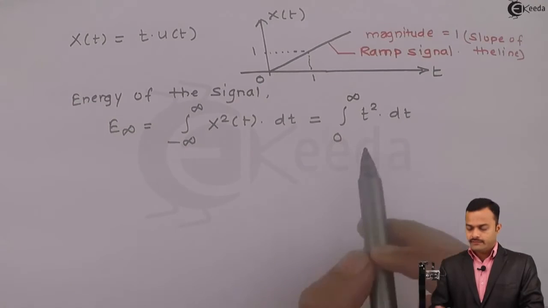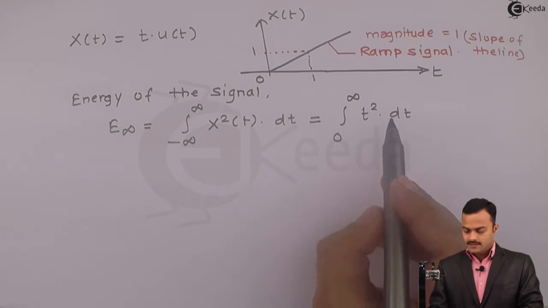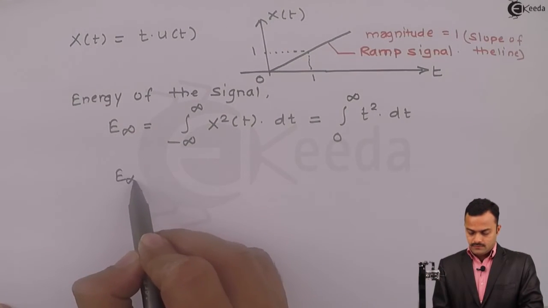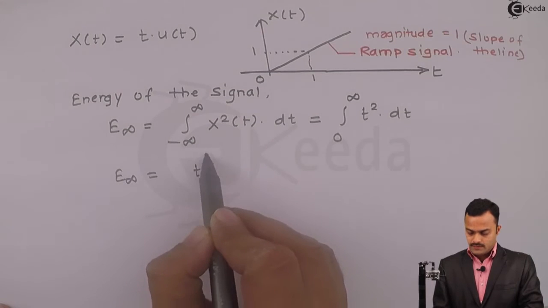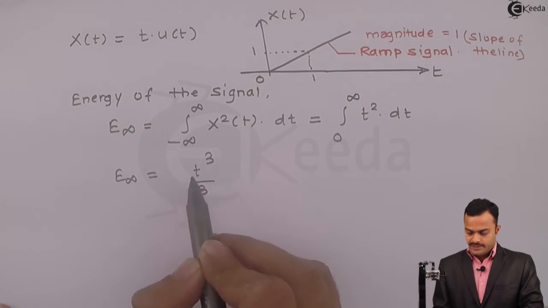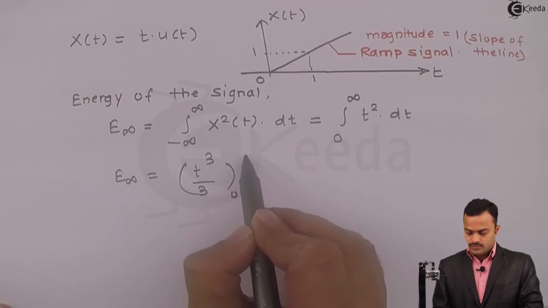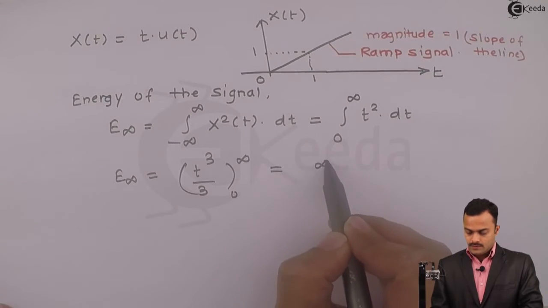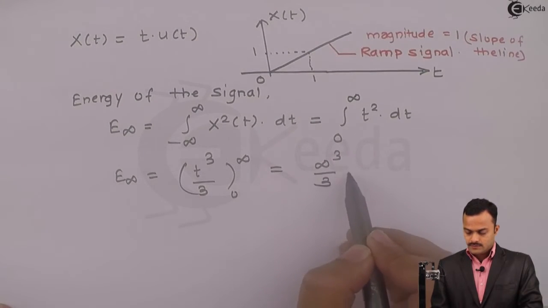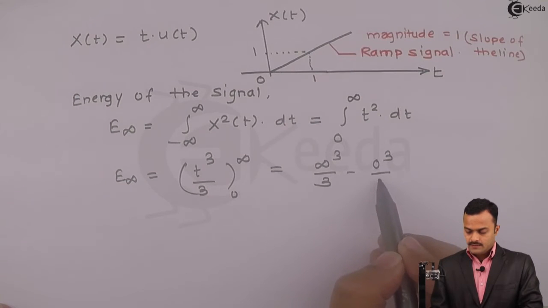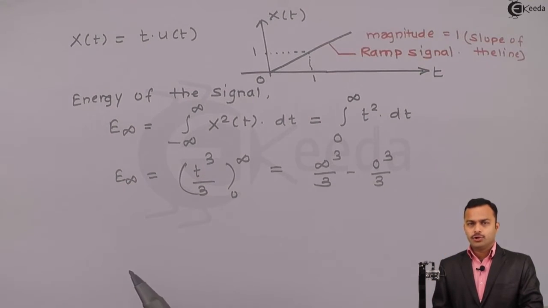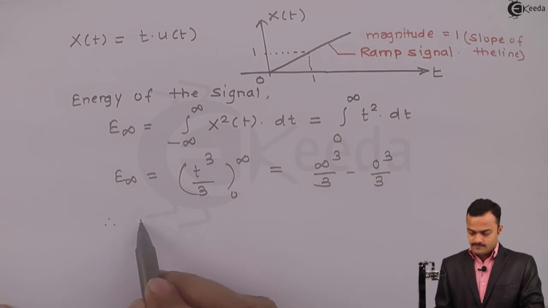So in the end I will get this simple integral. If we solve, we will get t cube by 3, limit 0 to infinity. So applying the limits, in the end I will get infinity cube, which is nothing but infinity.